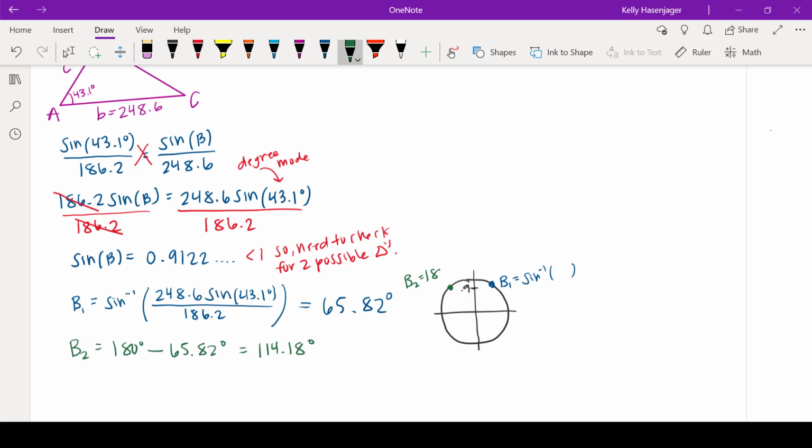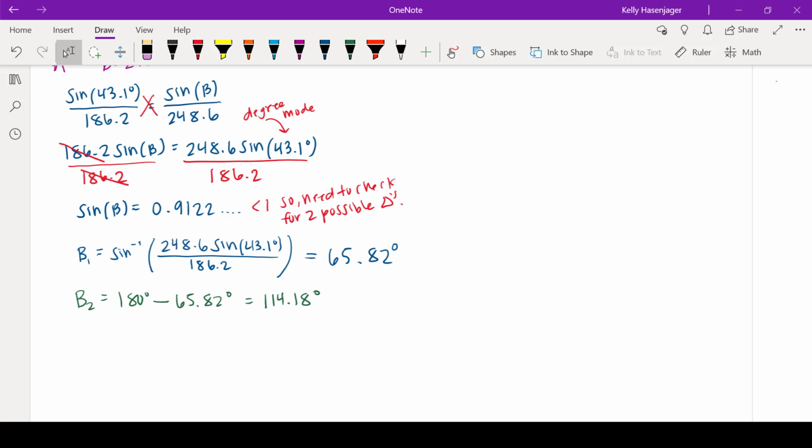And then the other possible angle is directly across from that. So 180 degrees minus B sub 1. We get that from going all the way 180 degrees minus that length B sub 1. So we just use the same length that we saw on the other side of B sub 1 to subtract. All right, so that's where the unit circle comes into play, helping us find our 2 angles.